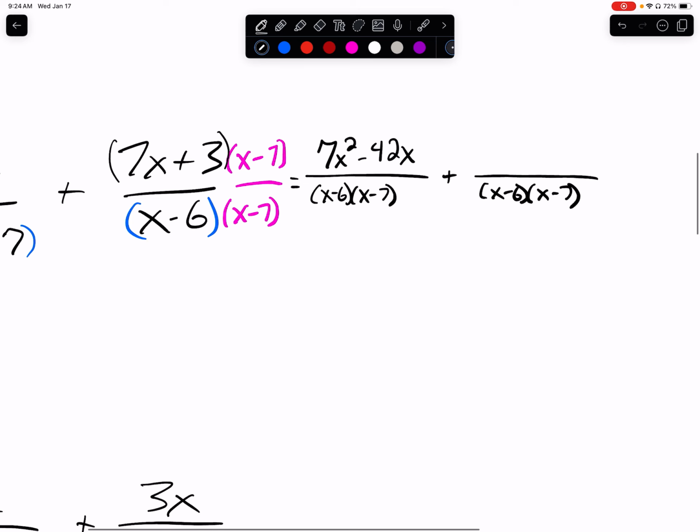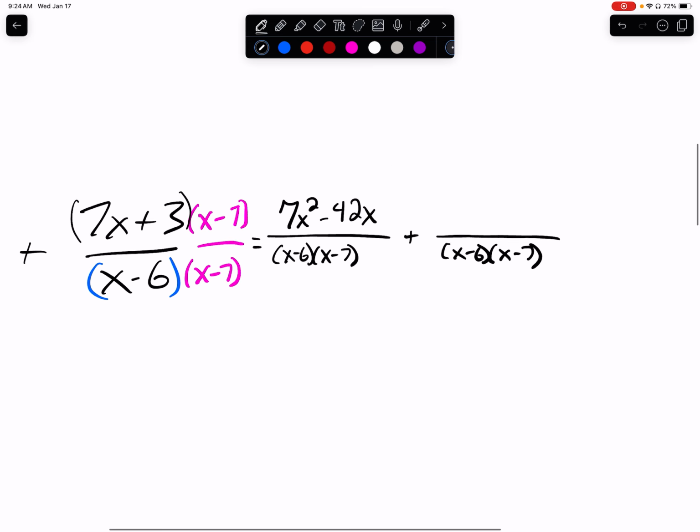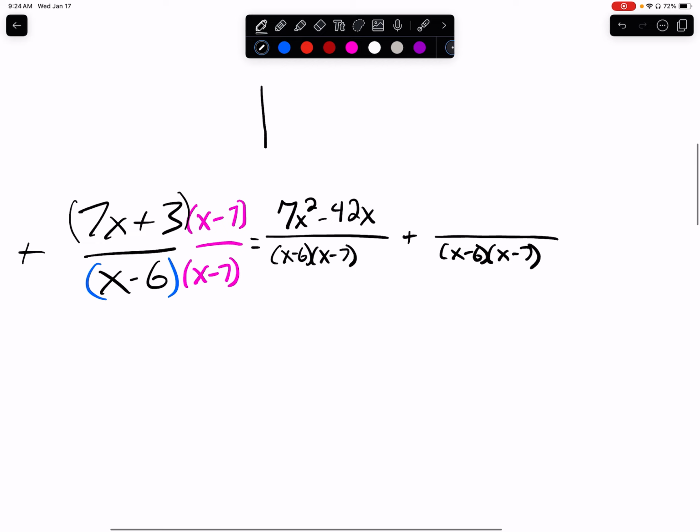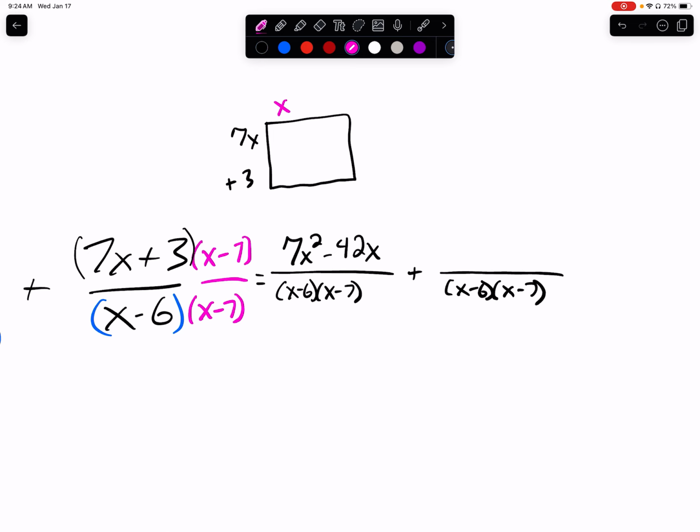And now here, we're going to have to use the area model to kind of figure this out. So what I've got here is 7x and then plus 3. And then I've also got an x and then a minus 7. Okay, so I'm going to go ahead and figure that out. 7x squared minus 49x, okay, plus 3x minus 21.